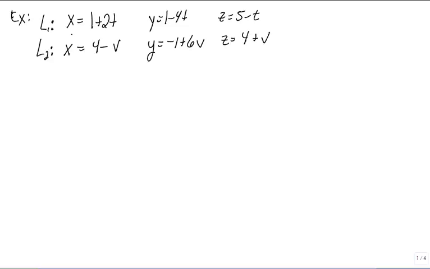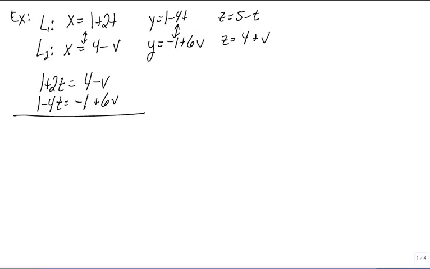Okay, so the x's have to be equal, so we'll set these equal in the first two equations and see if what we get satisfies the third equation. So what I'm going to do is do this by elimination. I'm going to multiply the first equation by 2, and that'll get rid of my t's, and then add them together. So I have 2 plus 1 is 3. The t's will drop out.